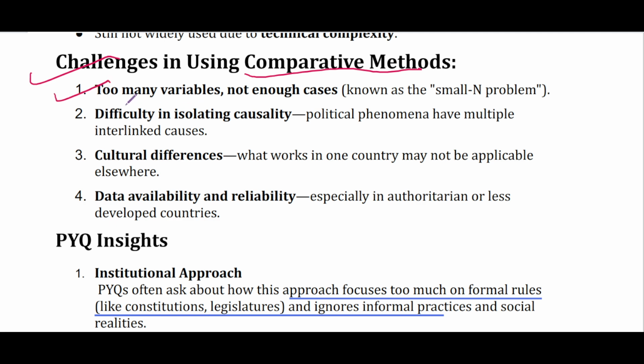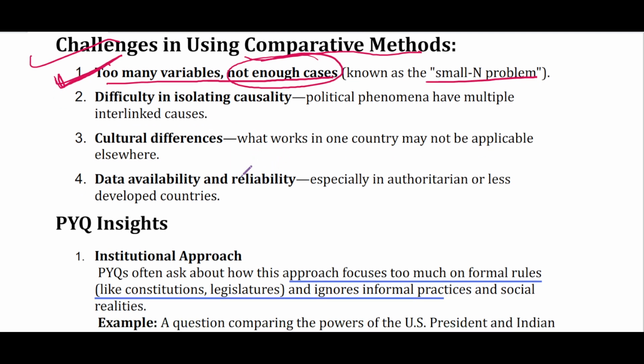So first, too many variables, not enough cases, which is the small n problem. So in the small n problem, we are looking at two countries that have many variables, many differences, but similarities are not there. ये भी एक problem है कि उसमें, like, in a simple term, you are looking at two people. One is short, other is tall. Then one is fair, other is black.